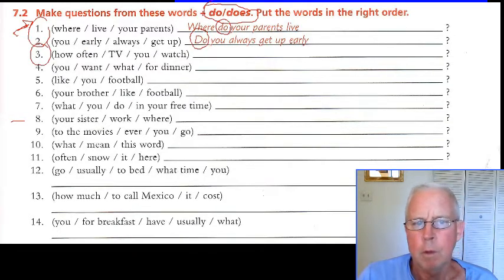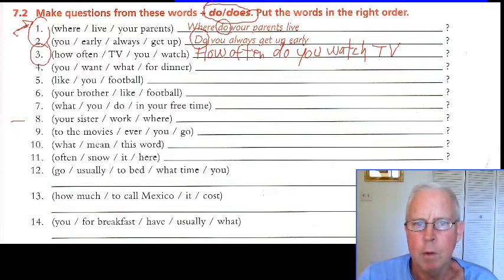Okay, now we have number 3. How often TV you watch? So that's going to start with the WH. How often, helper, do you, subject, base form, watch TV.